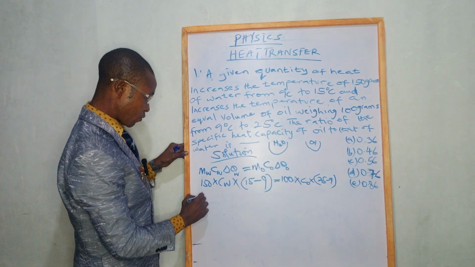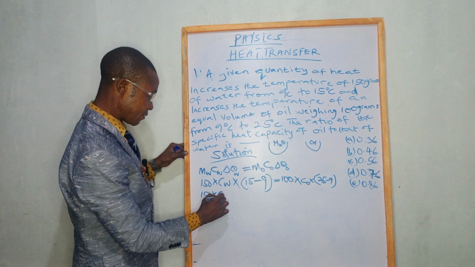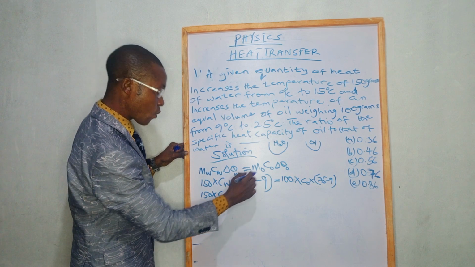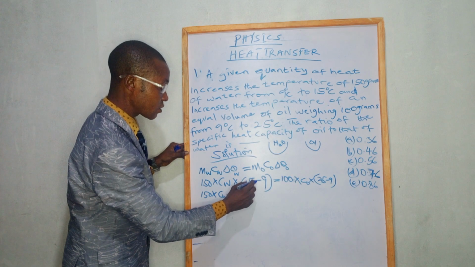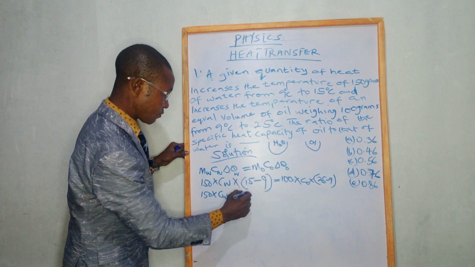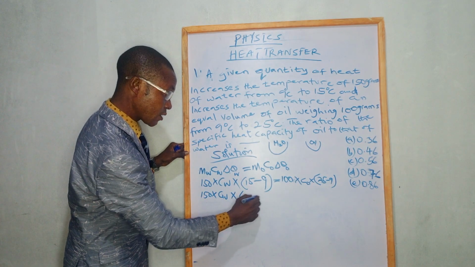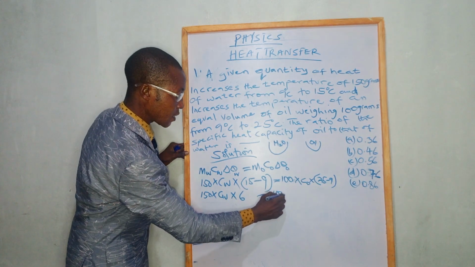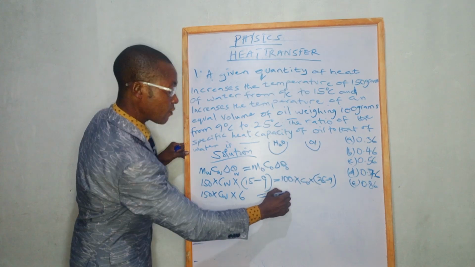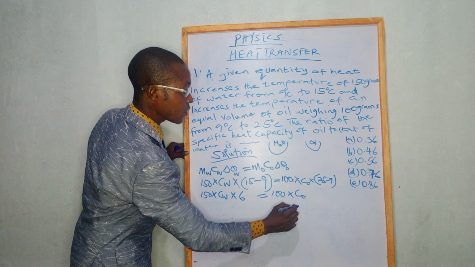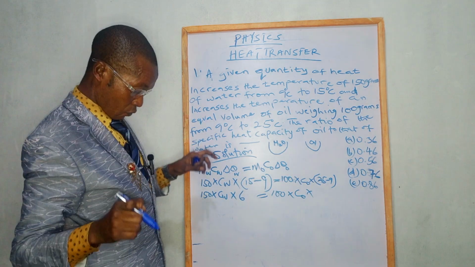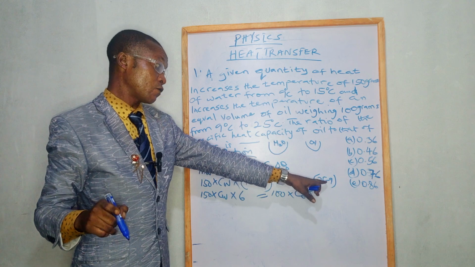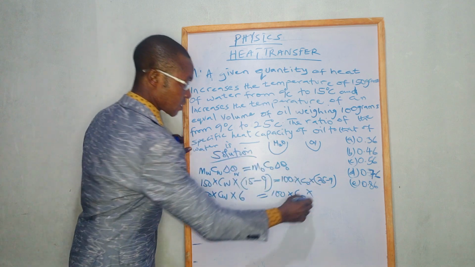Now we have 150 multiplied by the specific heat capacity of water multiplied by 15 minus 9. 15 minus 9 will give us 6. Then on this side, we have 100 multiplied by the specific heat capacity of oil multiplied by 25 minus 9, which gives you 16.